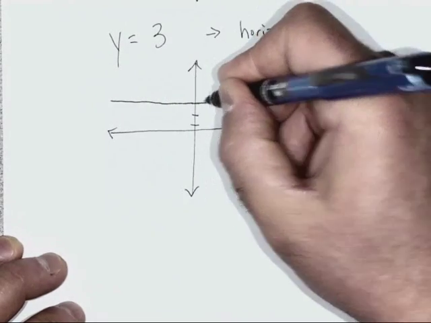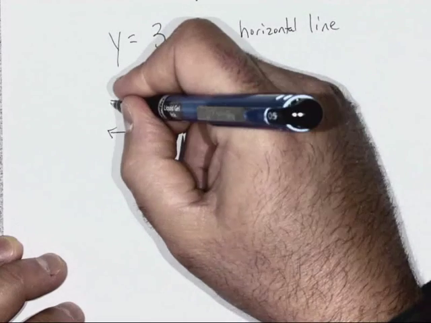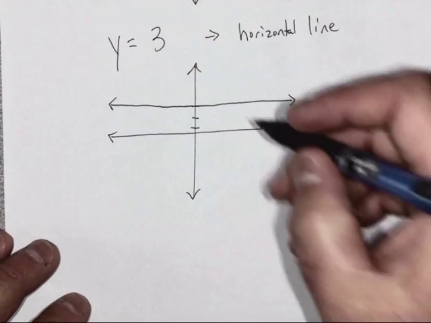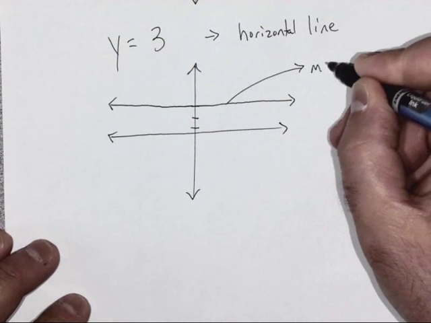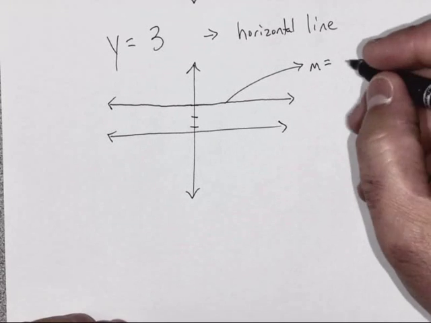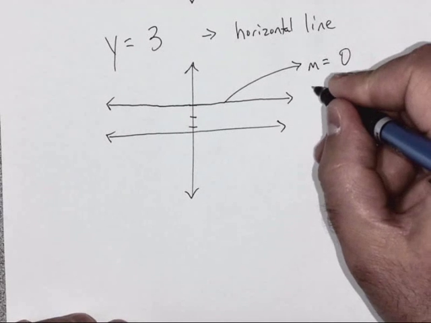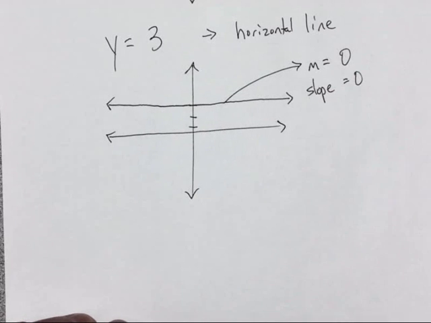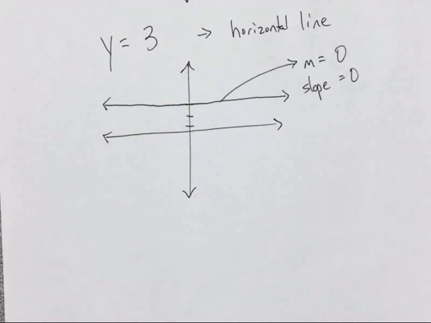It's going to be a horizontal line crossing the y-axis at 3. So what's the slope of that line? Well, that's completely flat. Think about the horizon, a horizontal line. We say that has a slope of 0. It is not steep at all. It is exactly 0. No steepness to it at all. So slope of 0. It's completely flat.